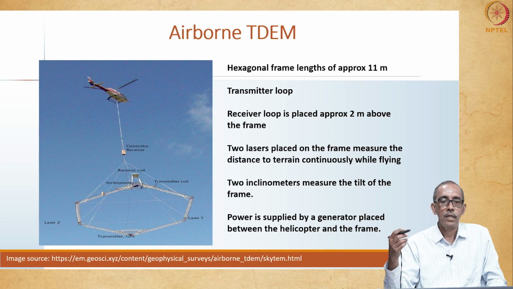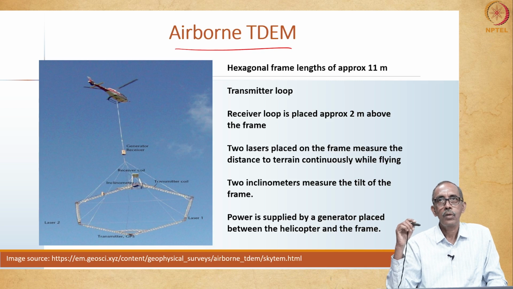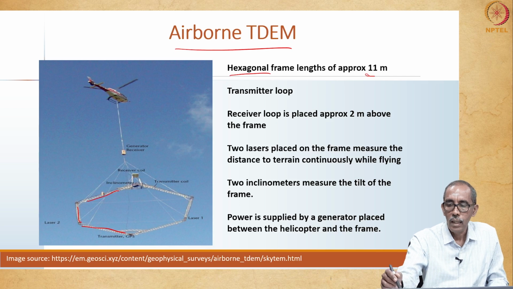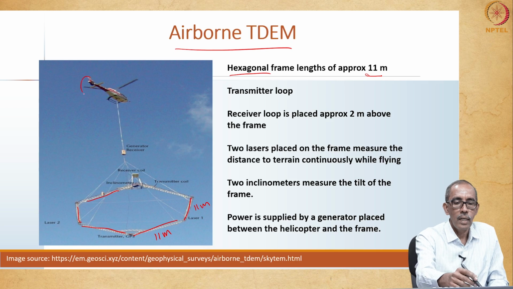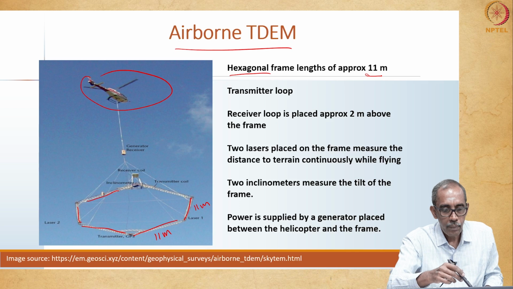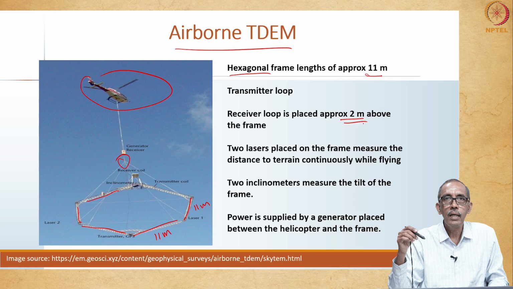The same method can also be adopted, which is known as the airborne time domain electromagnetic method, in which a very large transmitter loop, of hexagonal frame, each side about 11 meters, is lifted with the help of a helicopter, and a receiver is kept about 2 meters above the frame, right.